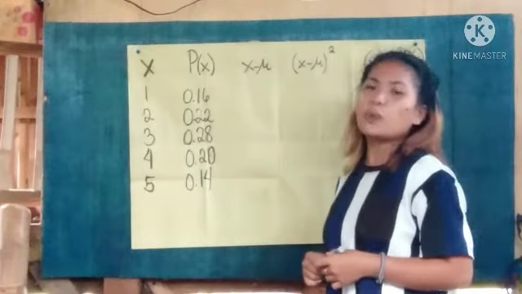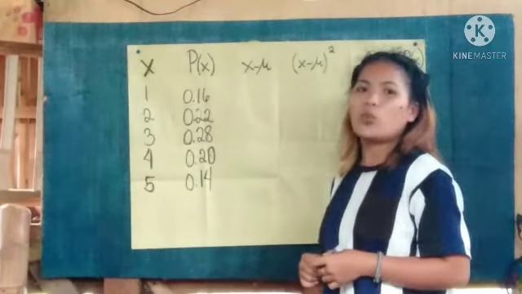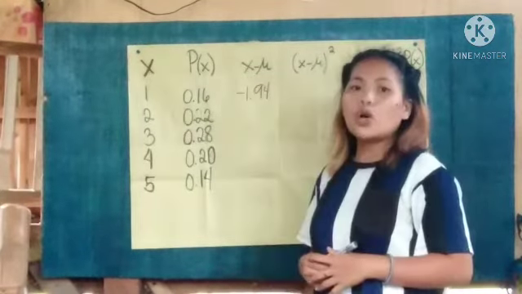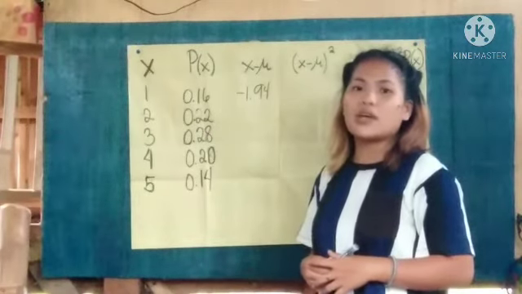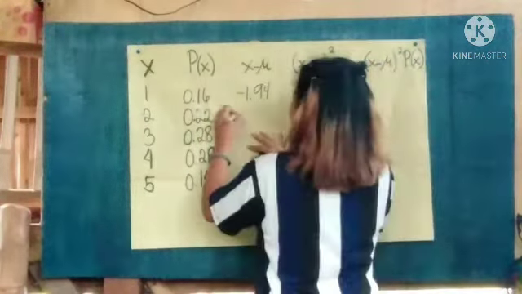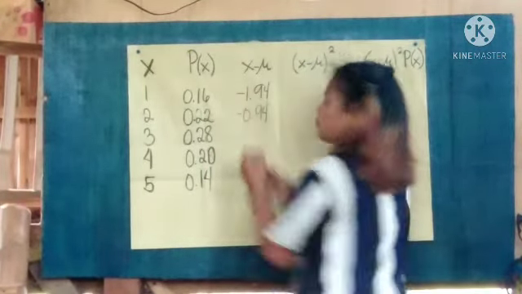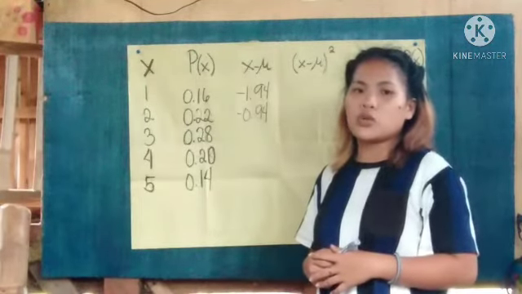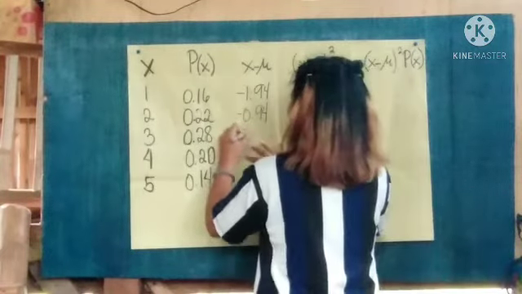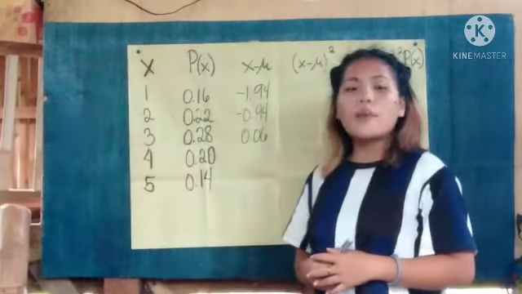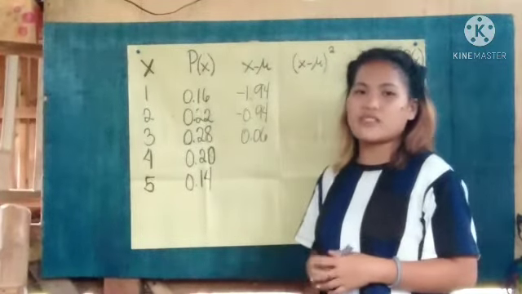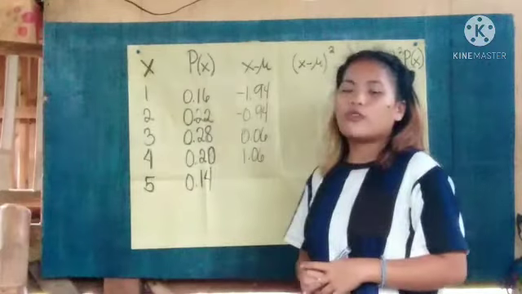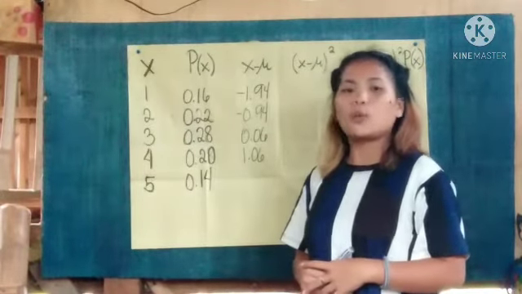So 1 minus 2.94 is equal to negative 1.94. 2 minus 2.94 is equal to negative 0.94. 3 minus 2.94 is equal to 0.06. 4 minus 2.94 is equal to 1.06. 5 minus 2.94 is equal to 2.06.